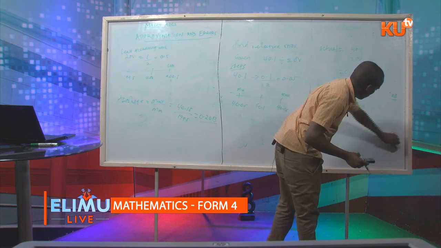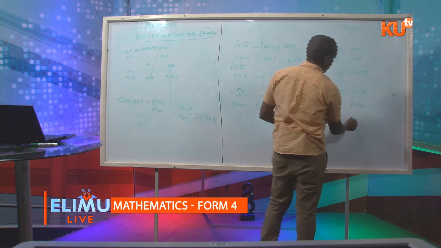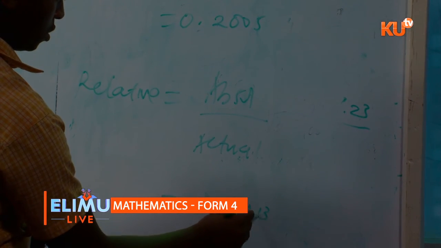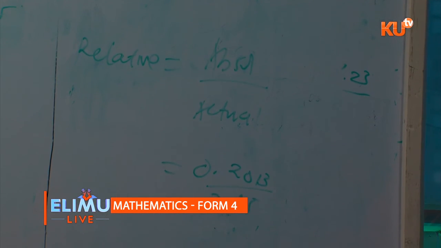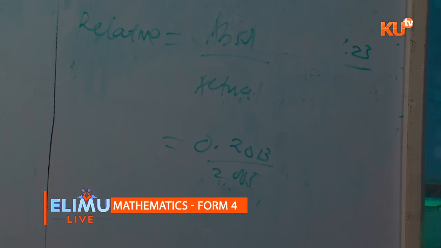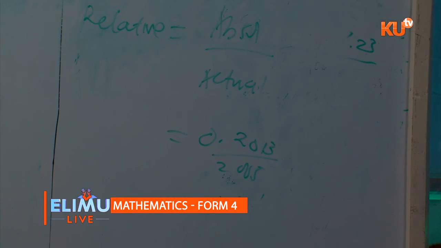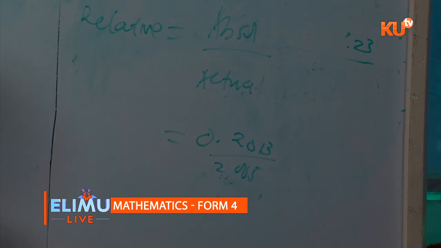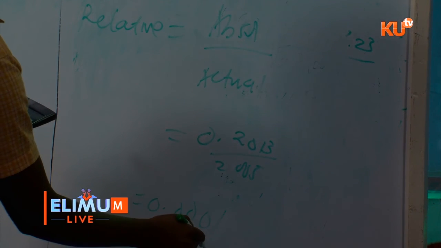Like what we said, it will be 0.0013 divided by 0.2005, and you get the answer there will be 0.0001.